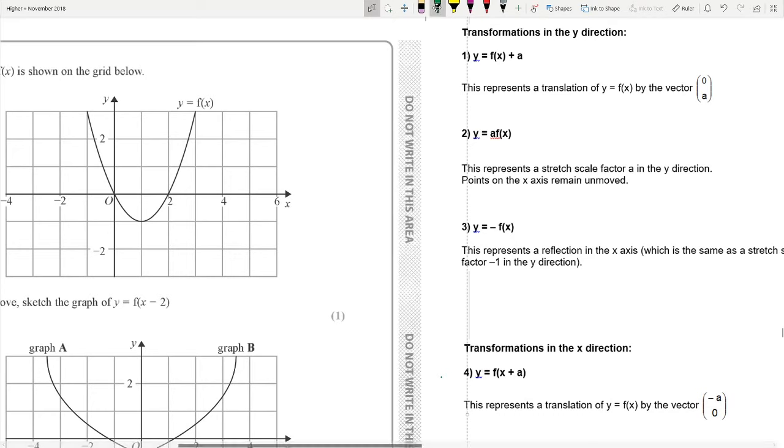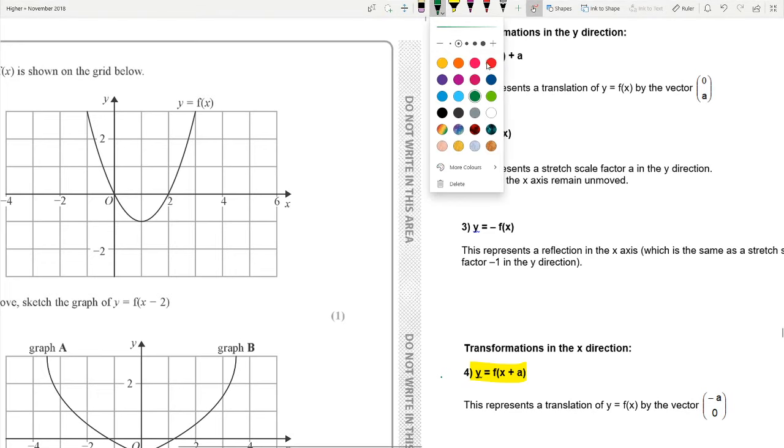This one here represents a translation of y equals f of x by the vector minus 2, 0, which basically means that you go the opposite way. So if that's minus 2, you have to go 2 to the right. So the graph is going to go 2 units to the right.